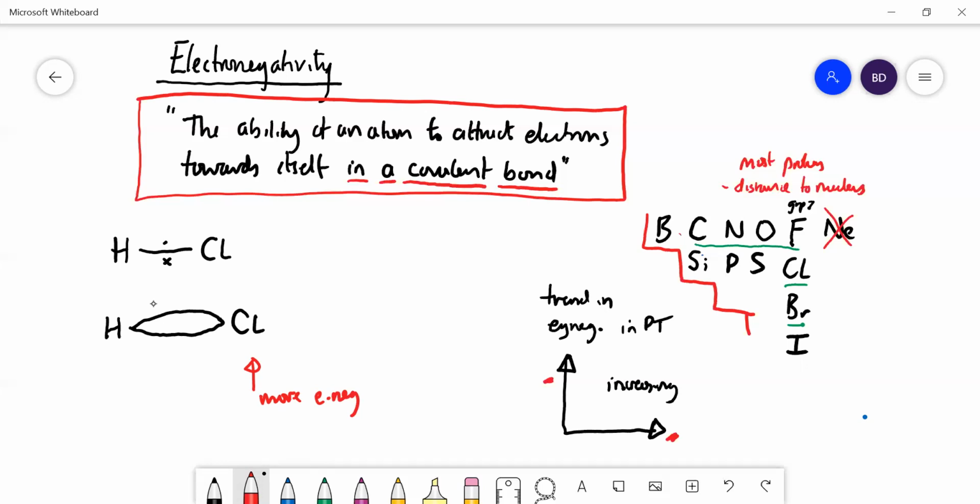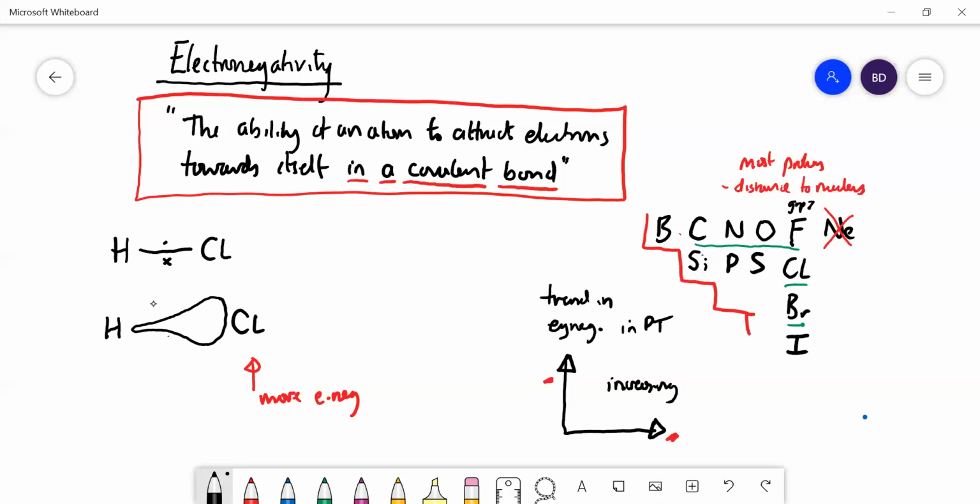So rather than it being that shape, the electron density, sort of exaggerated, might look something like this. Chlorine is getting more than its fair share of the electrons.